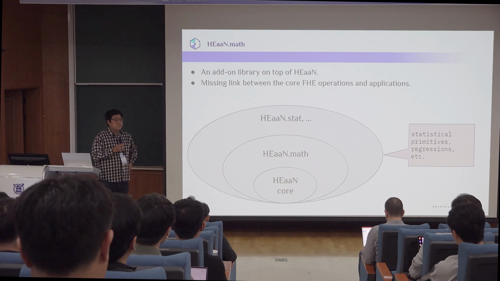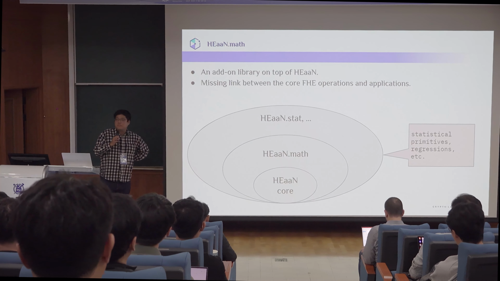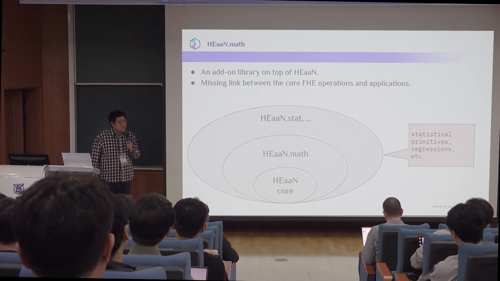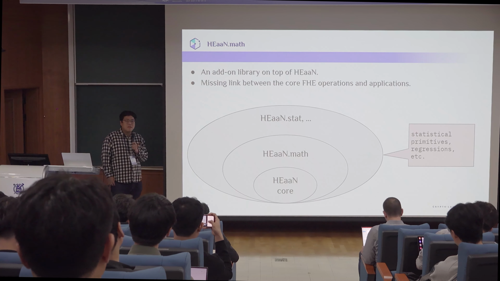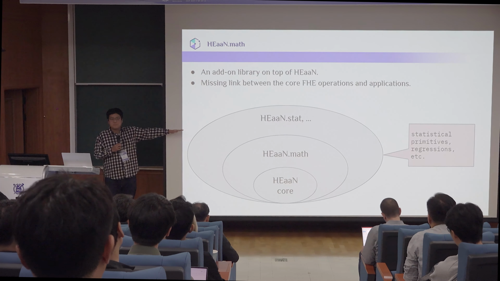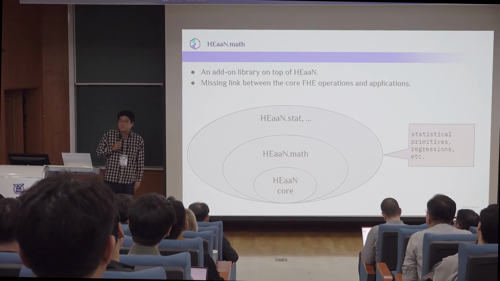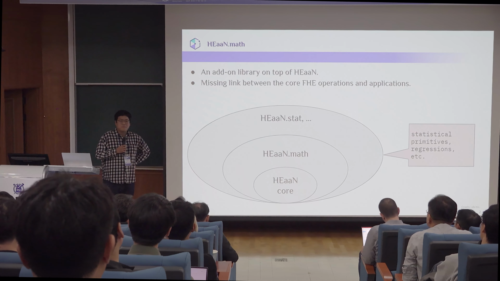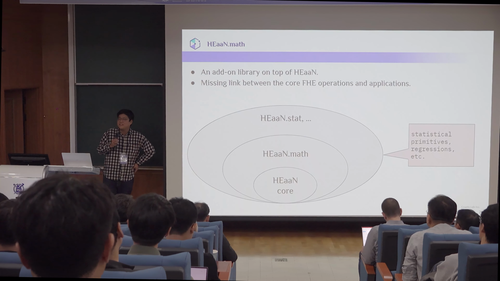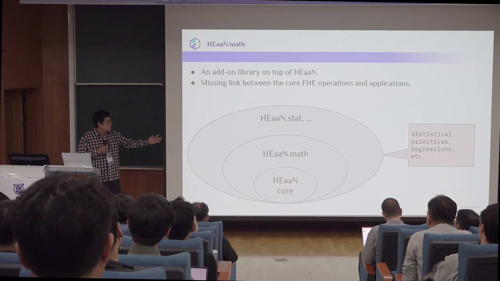We need to be very familiar with our core FHE libraries to use them flawlessly in our development, and we also think about our users, for example HEaaN.Stat, to provide sufficiently accurate and sufficiently fast APIs. That's our struggle here.